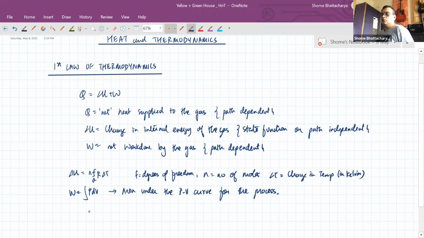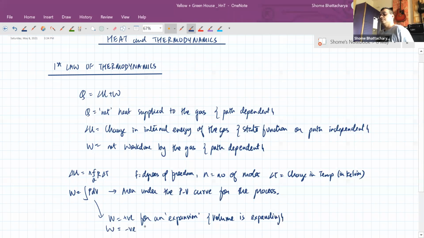So just to understand here that work done by the gas is positive for an expansion process, where the volume is expanding, and W will be negative for a compression.